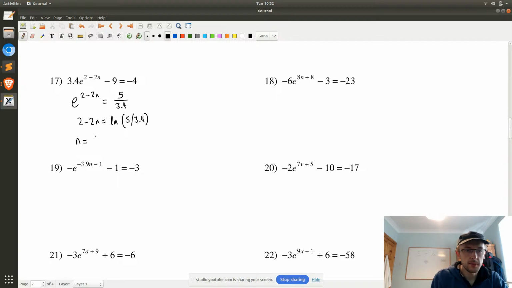So n is equal to that, take away 2, divided by negative 2. Just type that in and you'll be fine. And we get 0.8072.